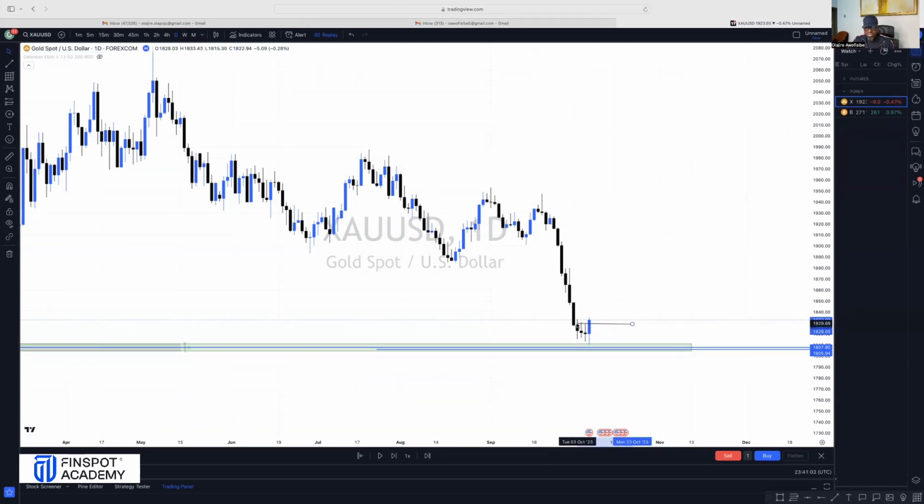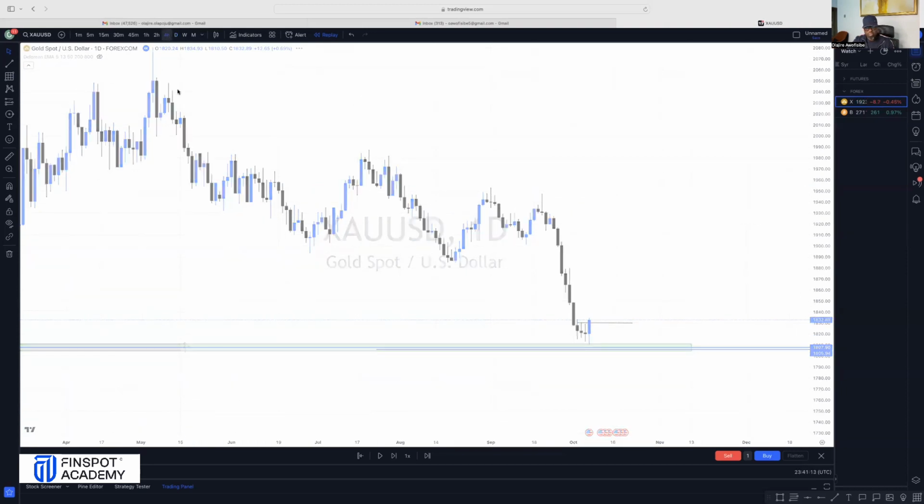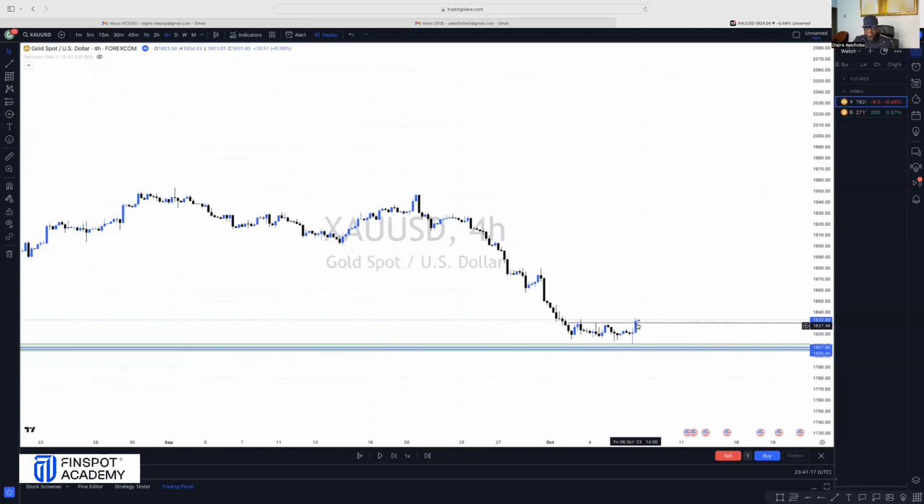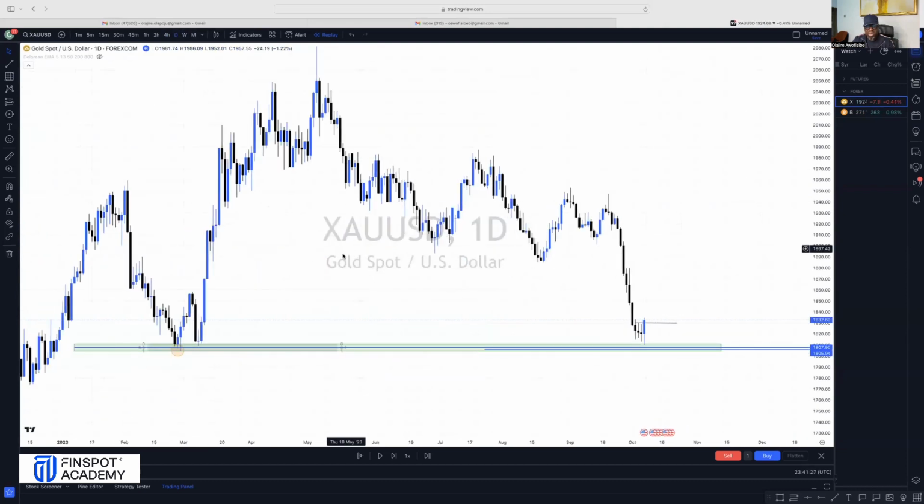Even if you take it to the next one, you can still see that price actually broke above the last 3 days. That makes it interesting. If you also go to the 4 hours, you will see very clearly that there was a breakout, and then the next candle also rejected the breakout point, and that makes it quite interesting. So let's go back to the daily chart and see what we are looking at.